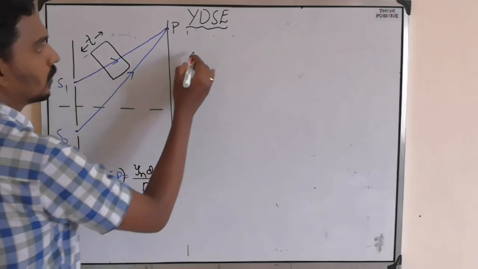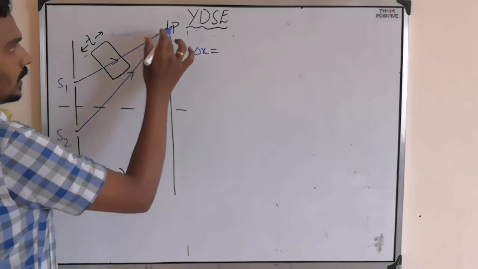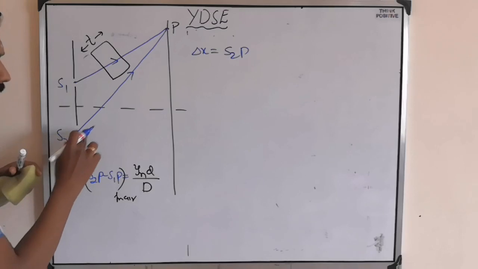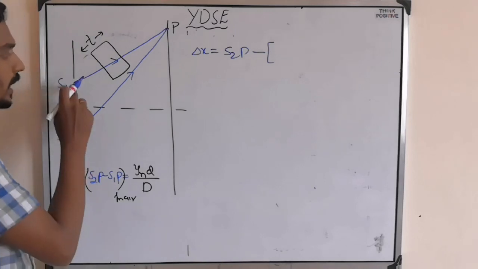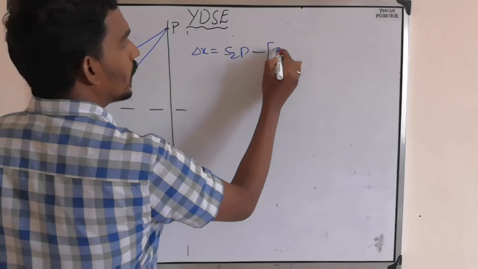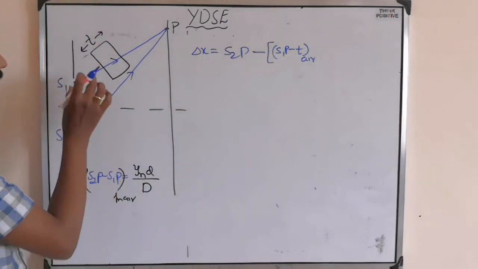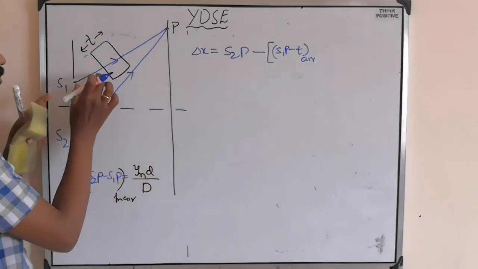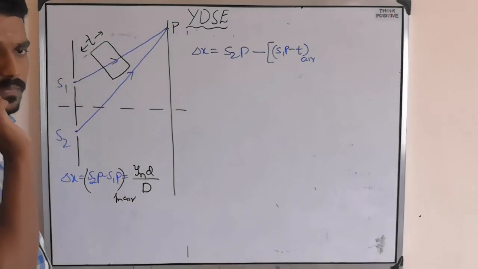Now, the delta x, if you take, the path of light from S2 is S2P minus. Now you cannot simply take S1P. Here it is S1P minus T in air. From the total you subtract this T. So this is air, this is air, but this is medium.